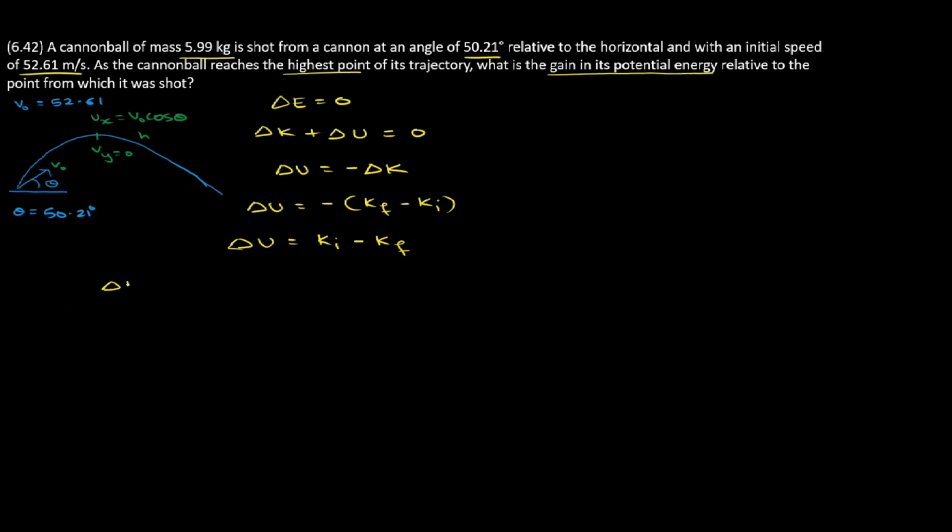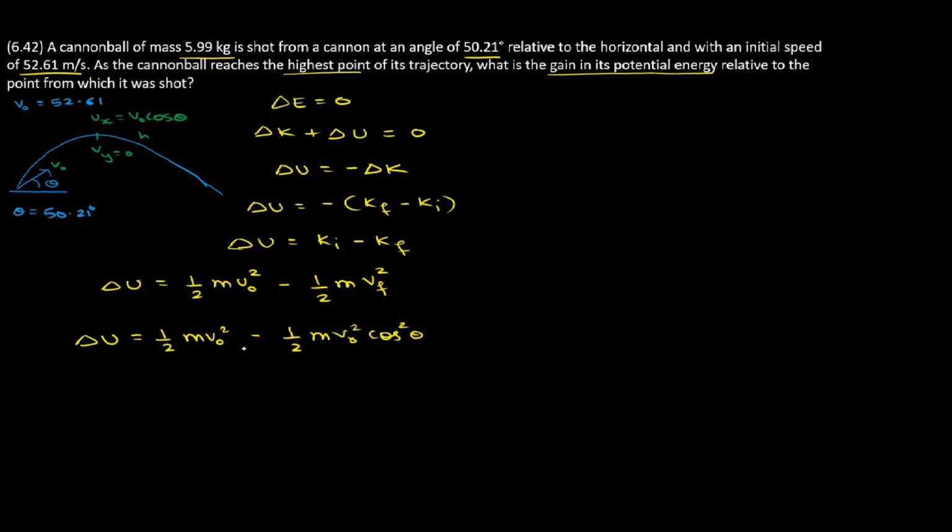So delta U will be equal to half m v initial squared minus half m v final squared. Now my v final is nothing but the x component of velocity at the highest point. So I will write that as half m, and the x component is v0 cosine theta, so v0 squared cosine theta squared.